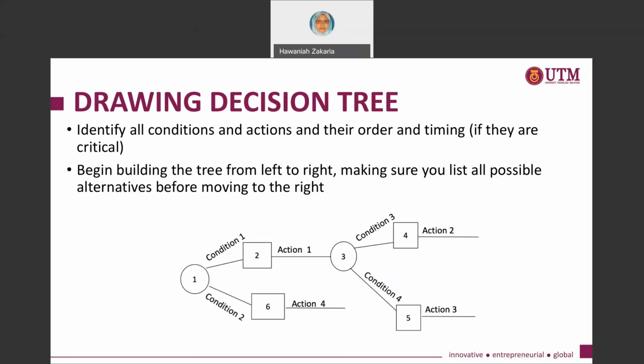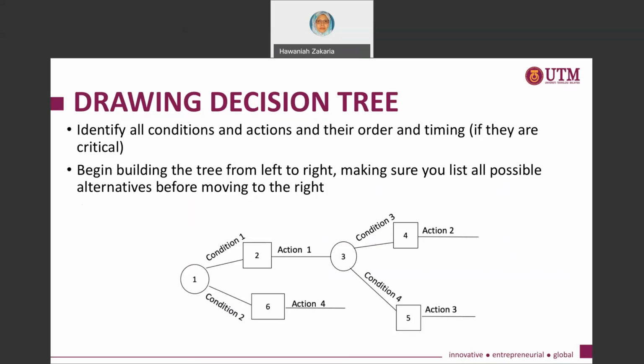Whenever you want to draw a decision tree, the first thing is to identify all conditions, identify all actions, and look at their order: which condition should be tested first, which condition to be tested next.